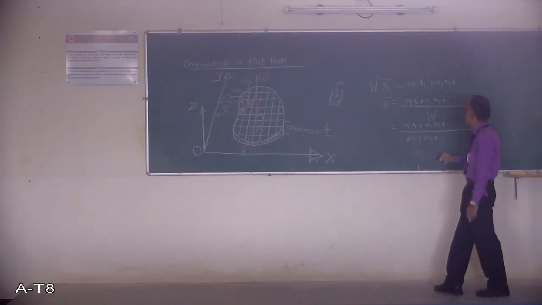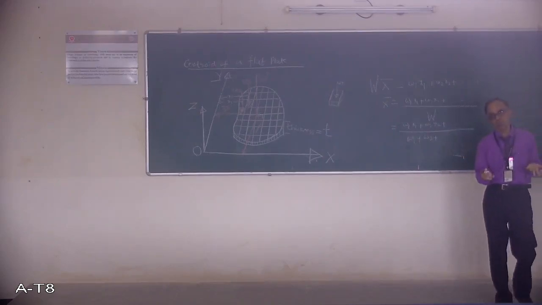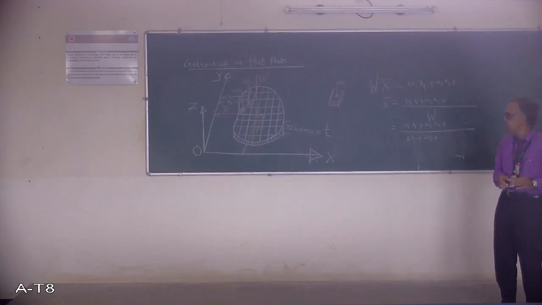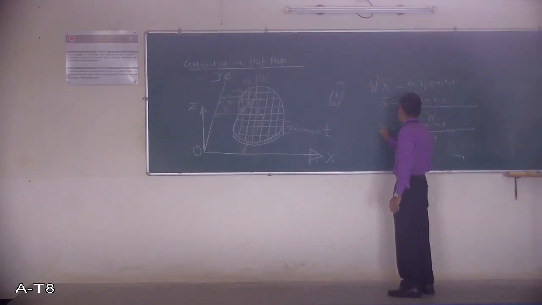If you add everything, you are going to get the total weight W. So this is the equation for x bar.